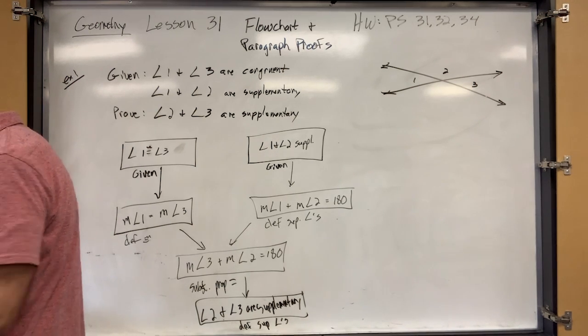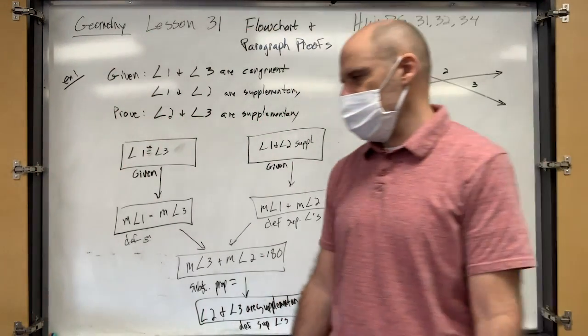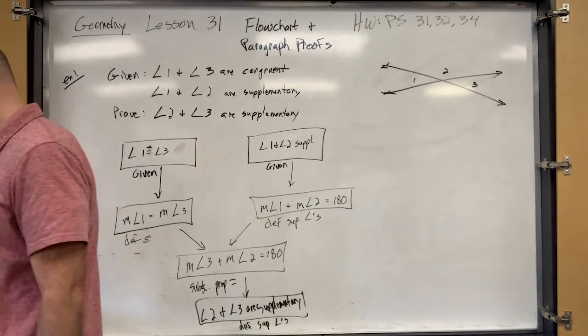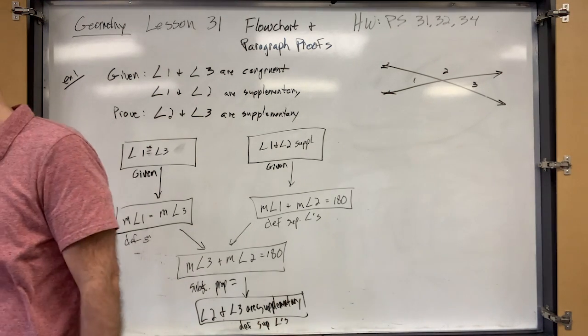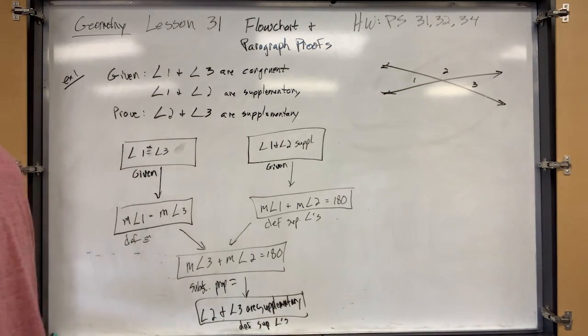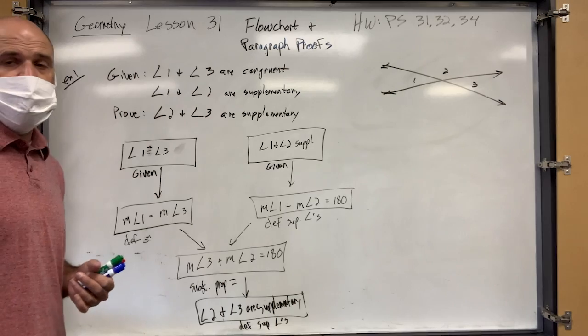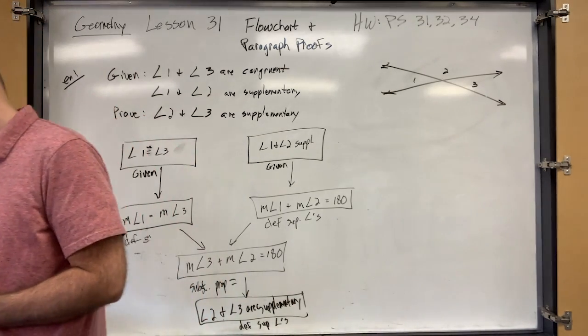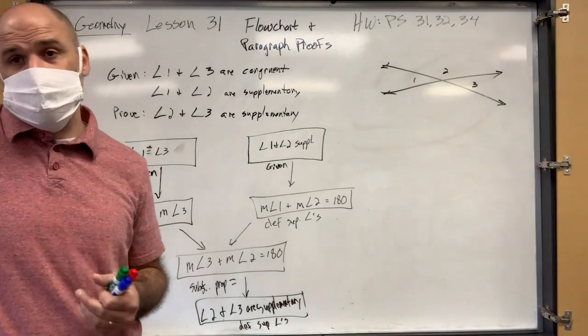So a paragraph proof is very similar to this, but you're just using complete sentences and just explaining what you see, right? So I could say something like this. Angle 1 is congruent to angle 3, so measure of angle 1 equals the measure of angle 3 by the definition of congruency.